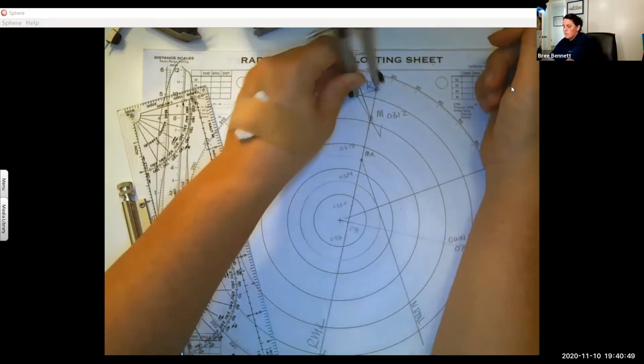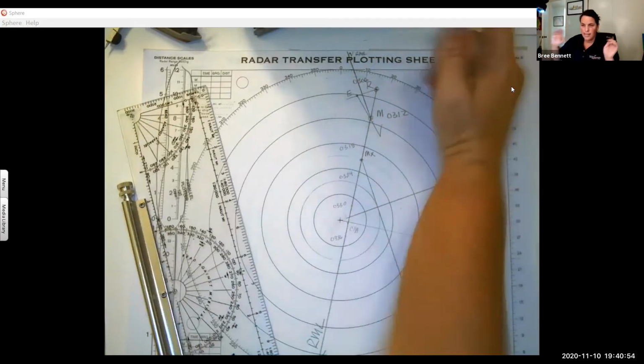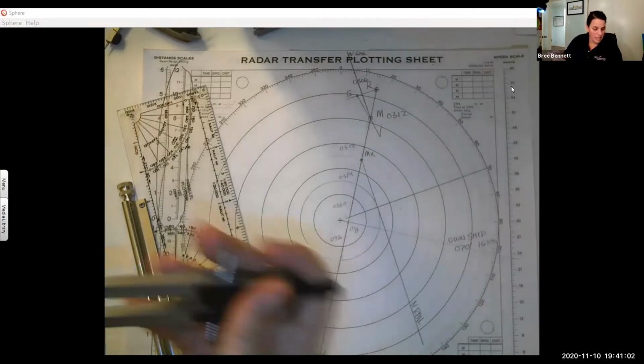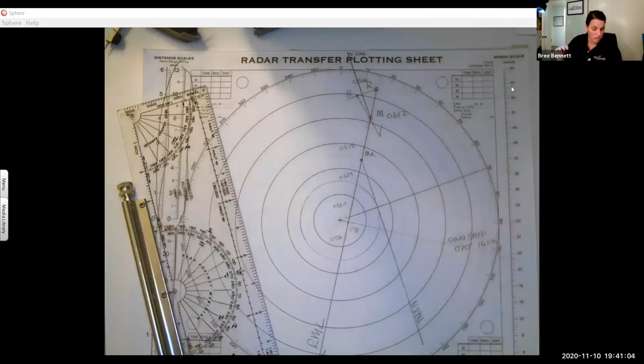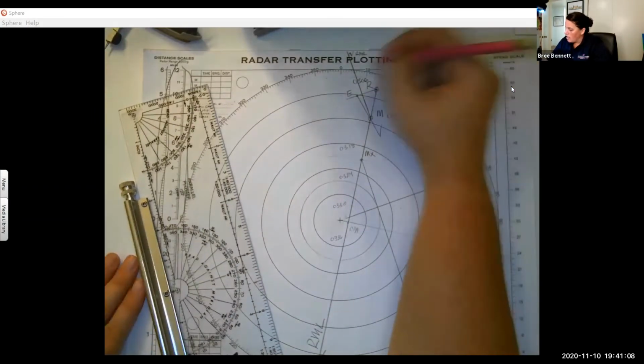So from me, I'm swinging the arc to the left, which is changing course to port. Now, typically, I always say you swing the arc to the right because we're always changing course to starboard. For whatever reason, our first example here is change course to port. As you can tell, I don't like it.